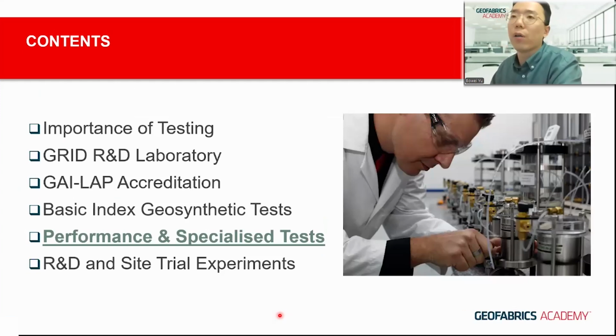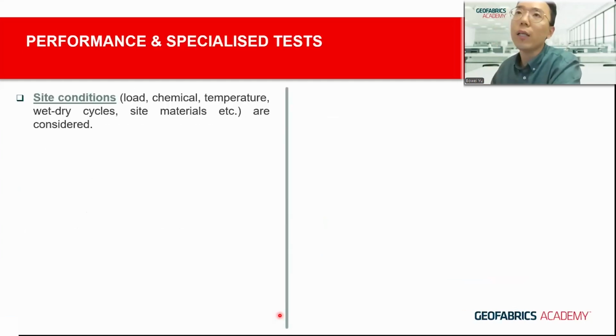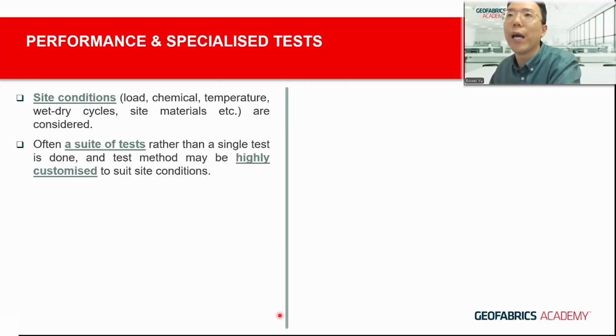Now that we have gone through the basic index tests and the sampling, we will go through some interesting performance-based tests we do here in the GRI laboratory. Why do we need to do the performance tests? First, the site conditions should be considered because these conditions can affect your geosynthetic material performance, making it very different from the values claimed on the TDS.